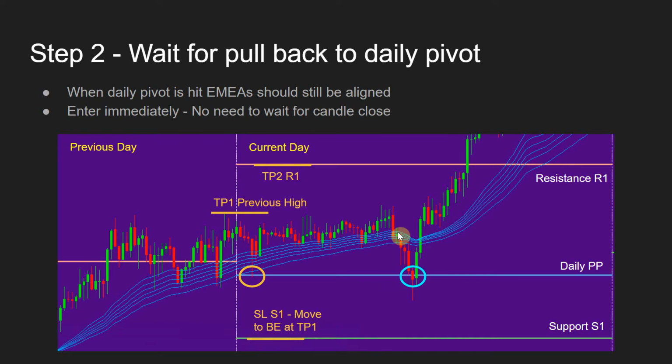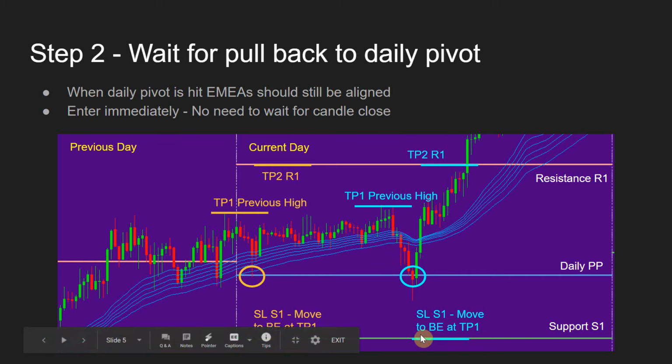And again, I was going to do a zoomed in screenshot, but at the time this was touched, at this level here, when you zoom in, the EMAs still maintain their structure. So even though they're very squeezed together, they have still not broken their structure, which gave us another signal to go in long, set stop loss at S1, TP1 is the previous high, and TP2 is R1.